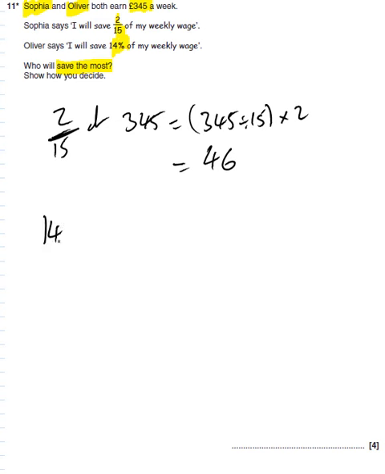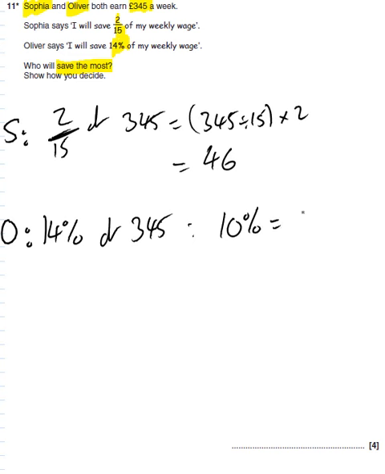Now we then want 14%. Now that is Sophia, so we'll put an S next to her and an O next to for Oliver. 14% of 345. Well, if we say 10%, we know that is divided by 10. 1% then, divide that by 10 again. And then to get 4%, we times the above bit by 4.